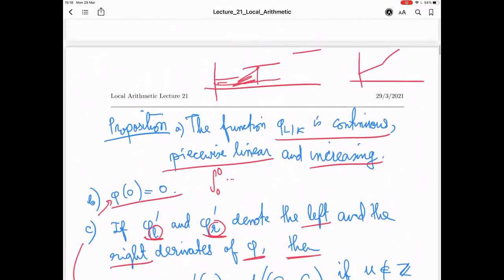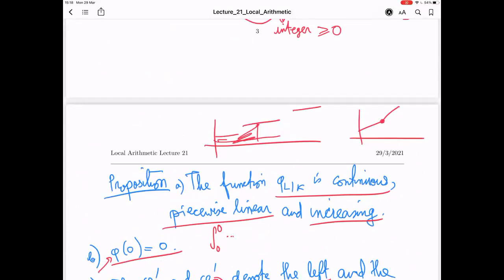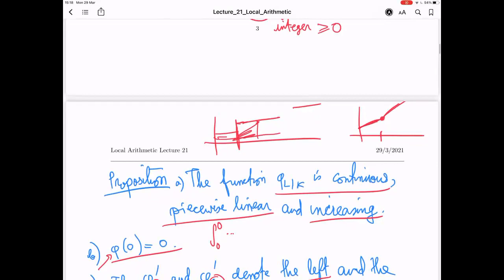That's clear because it's only at integers that this function has jumps, and therefore the function phi is not differentiable there. All other places it's actually linear. Only at integers is there a possibility that it's not differentiable.